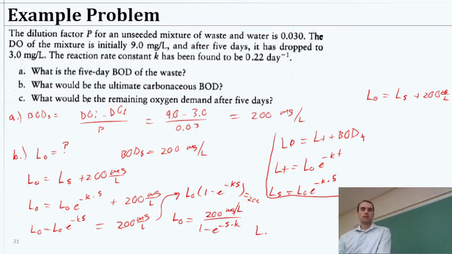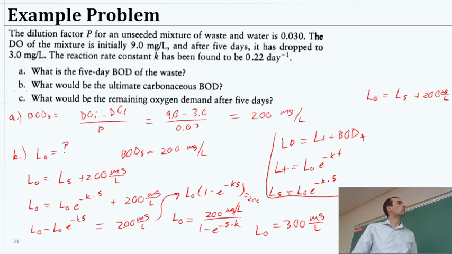And it turns out if we do this, L naught should be 300. Does that make sense? Okay, so that would be the answer to part B.